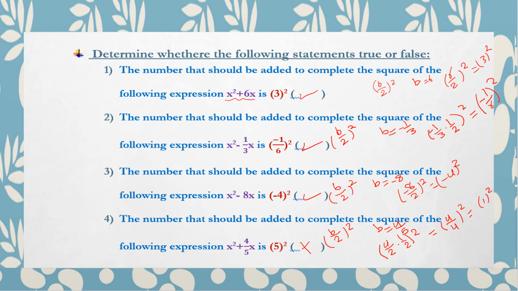Sorry, 4 over 5 times half, this means 4 over 10, 4 over 10 divided by 2 equals 2 over 5, and this is not 5 squared. So again, the statement is false.